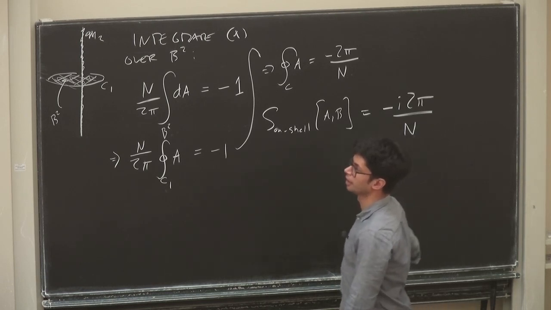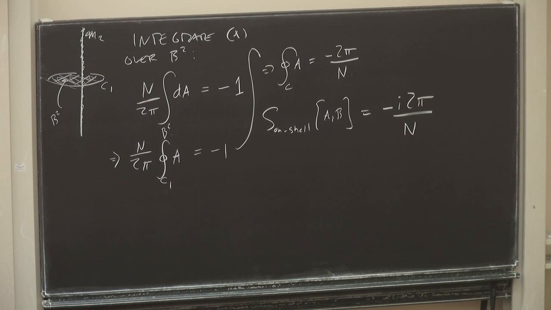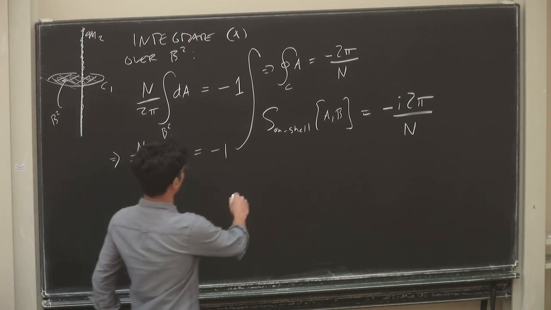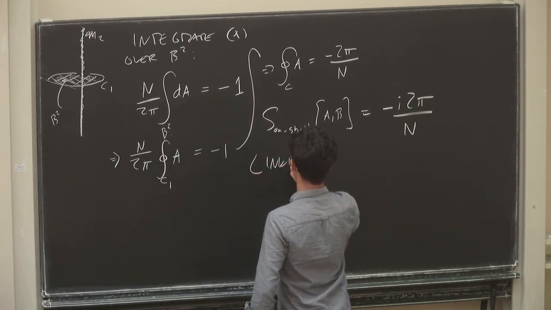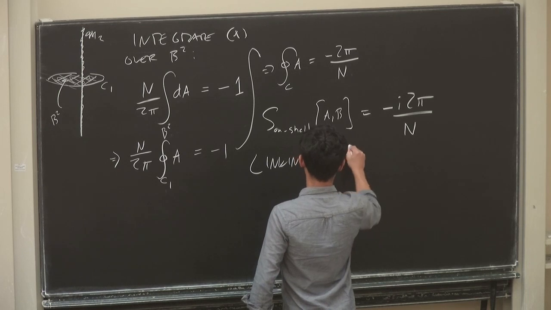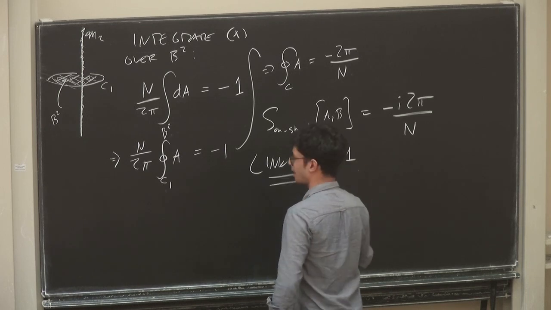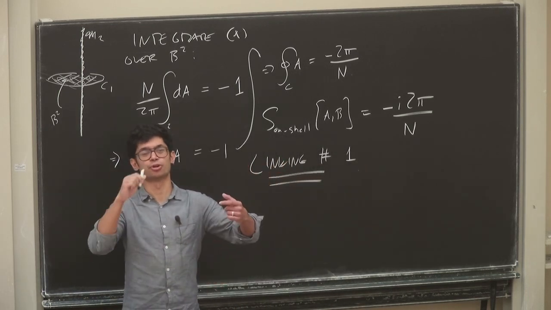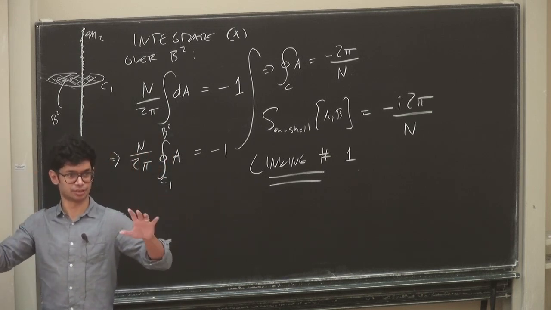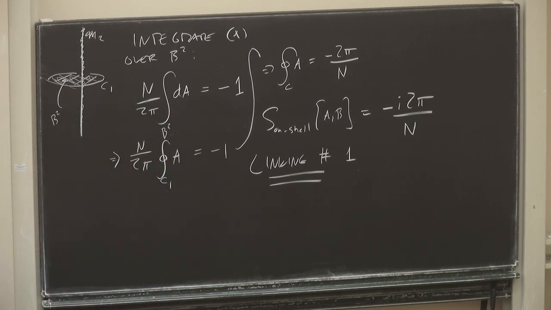And then when you exponentiate it, you get exactly this thing that I have here, this linking number. So this shows you how this works for linking number 1. And now I leave it to you to convince yourself that if you link more times, you'll get the power of linking and so on. You can figure this out. Does that make sense to everybody? This is how this topological field theory generates topological linking numbers.